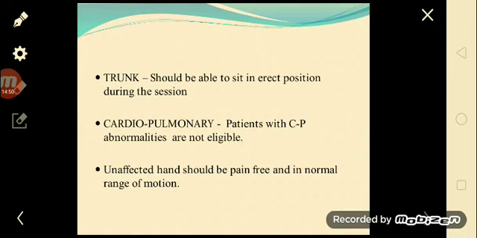So he should have that capability to sit. Cardiopulmonary. He should not have any cardiopulmonary problems, because during prolonged sitting the patient feels breathlessness, so he should have minimum cardiopulmonary capacity. The unaffected hand should be pain free and normal in range of motion.